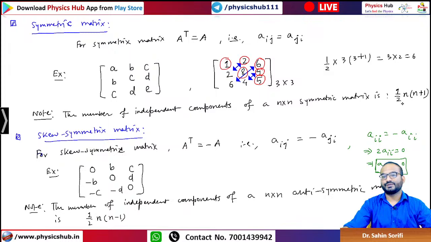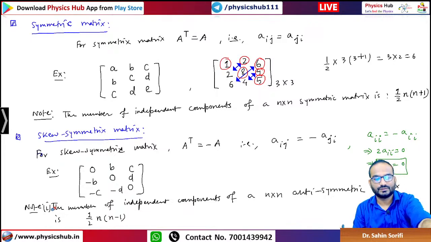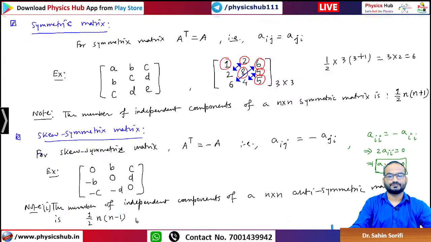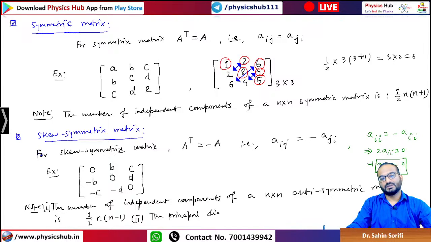For symmetric it is half into n into n plus 1. Here it is half times n into n minus 1. This is the first note. The second note is this, which we have already written: the principal diagonal elements are all 0 here.